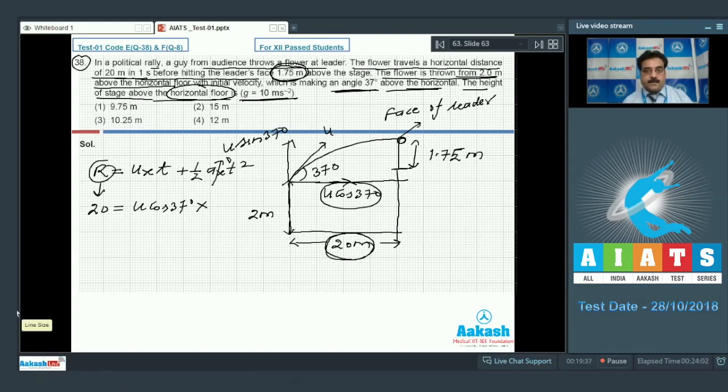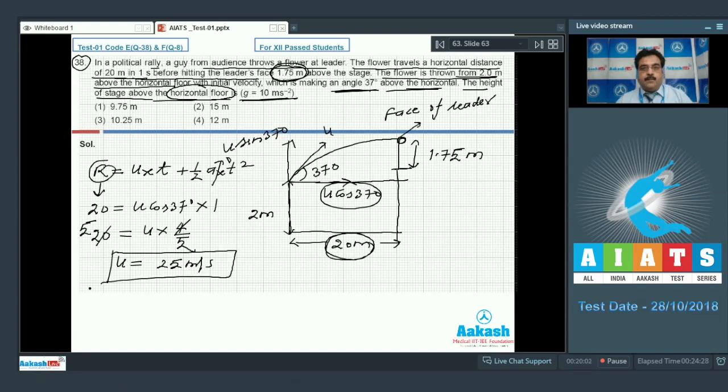So this is the time of flight, the total journey time. We'll write 1. Cos 37 is 4 upon 5. So u into 4 upon 5 is equal to 20. 4 5s are 20, 5 into 5, 25. So you will get u is equal to 25 meter per second.